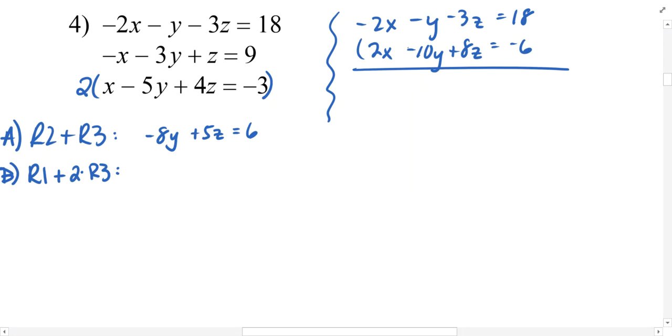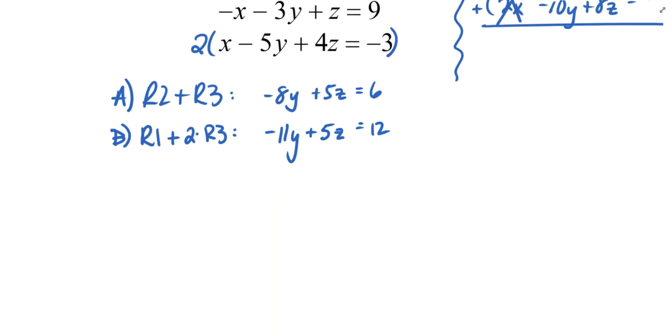Now when I combine these two, this would be the result of row 1 added with 2 times row 3. Again, the x's cancel. Negative y plus negative 10y, call that negative 11y. Negative 3z plus 8z is 5z. And 18 plus negative 6 is 12.